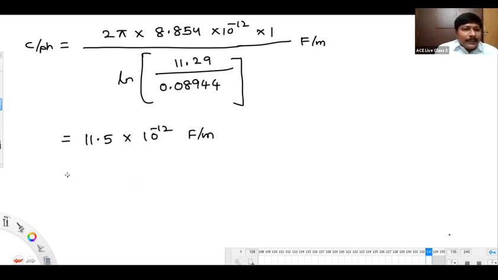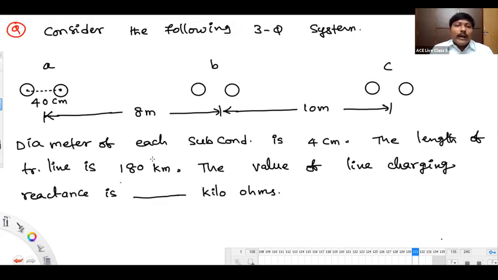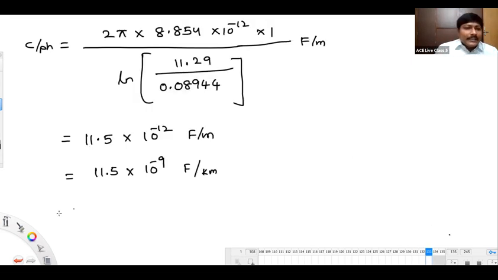Let me write this as 11.5 into 10 power minus 9. 10 power minus 3 we will take to the denominator, so you call this farad per kilometer. How many kilometers do we have? The length of the line is 180. Multiply by 180 so that we get the capacitance for the total length of the line.